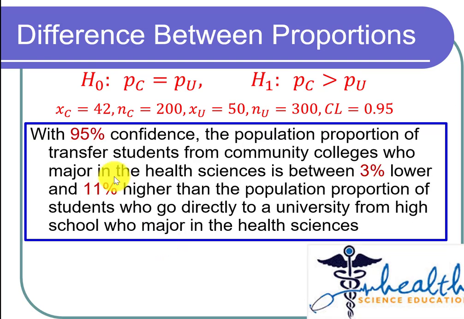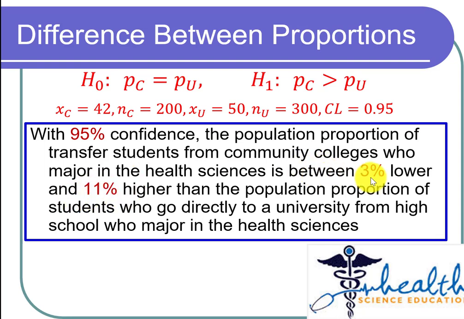So now let's talk about the confidence interval. And we can state with 95% confidence the population proportion of transfer students from community colleges who major in the health sciences is between 3% lower and 11% higher, because the lower bound, if you remember, was negative 0.03 or so, and the upper bound was 0.11 or so.